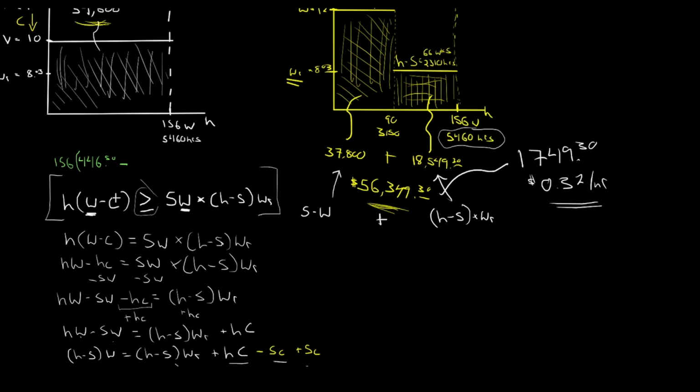What was that cost? That was a cost of $2 an hour, or over the 35, that is 70. That has to be greater than or equal to the amount of time shirking. Well, she could have shirked for 90 and earned the full 446.50.